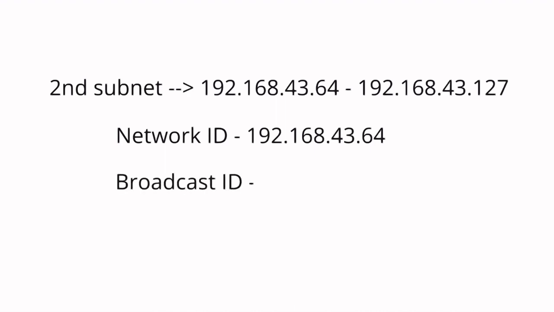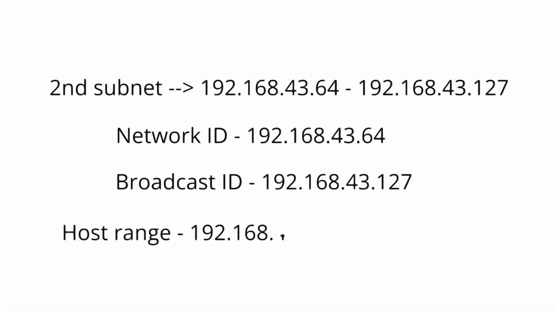Our broadcast address is always the last IP address in range. So in this case, it's 192.168.43.127. And finally, our host range is all of the IP addresses in range, so 192.168.43.65 to 192.168.43.126.